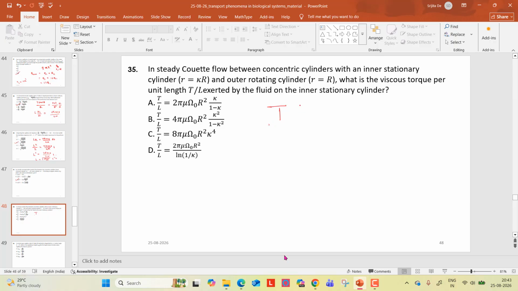So torque is the viscous stress, that means shear stress into length, right? Shear stress can be calculated from here.